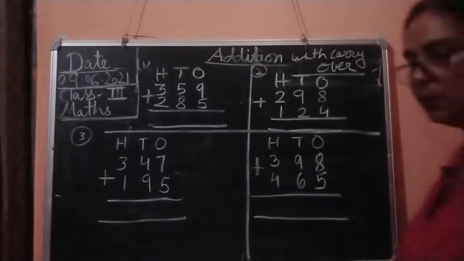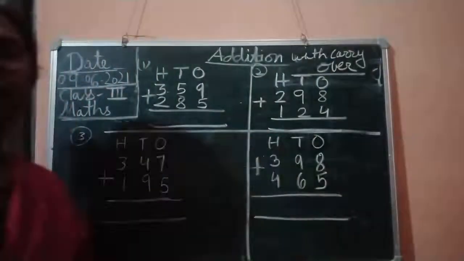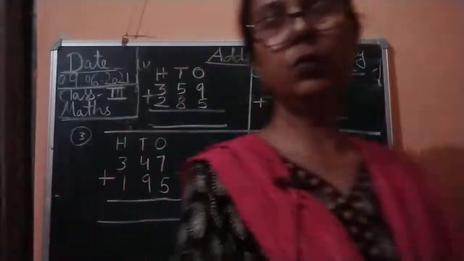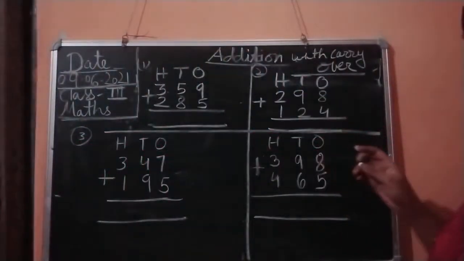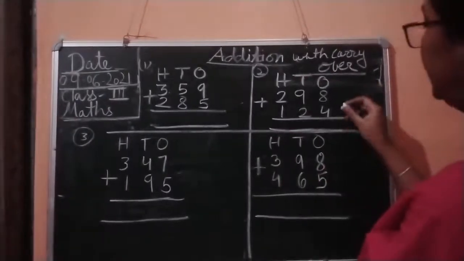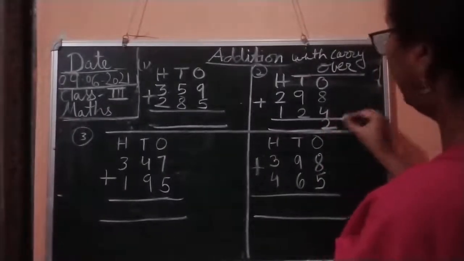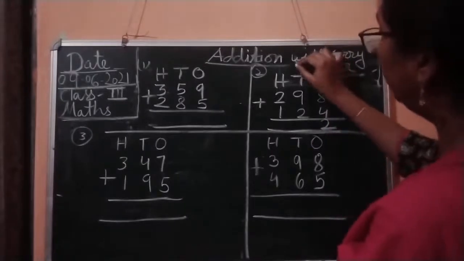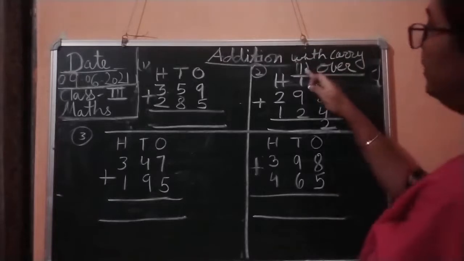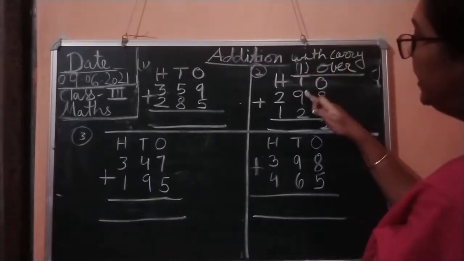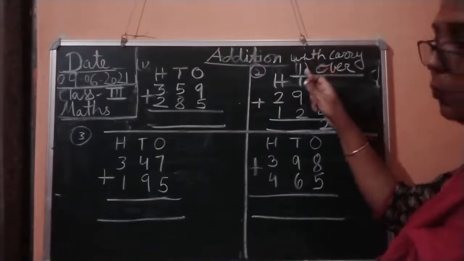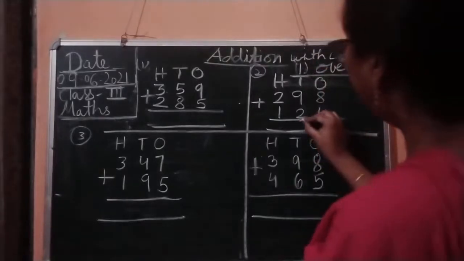So children, write it down and complete it. So how can we do? First we will solve one. 8 and 4, 12. Yes, children, 12. So we will write 2 over here because this is 1 ten and 2 ones. So that is why 1 will be shifted with tens. 9 plus 2 is 11, 11 plus 1, so 12 again.